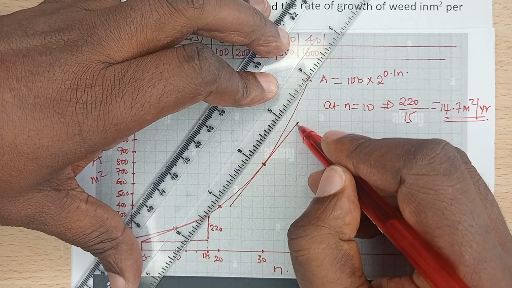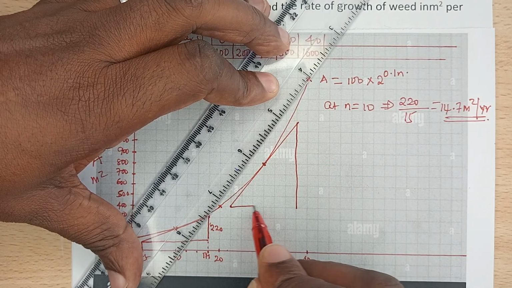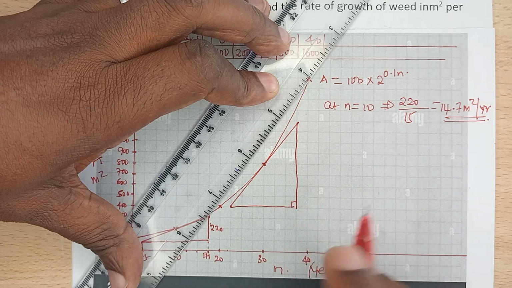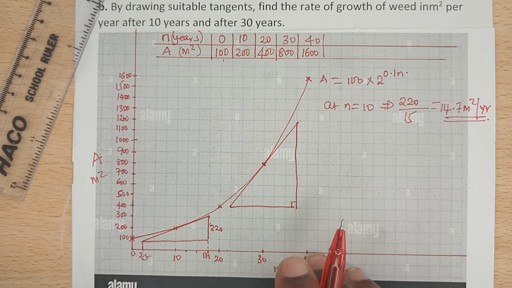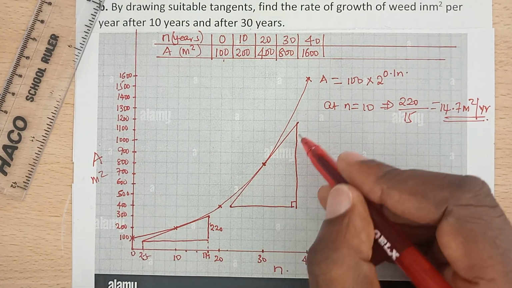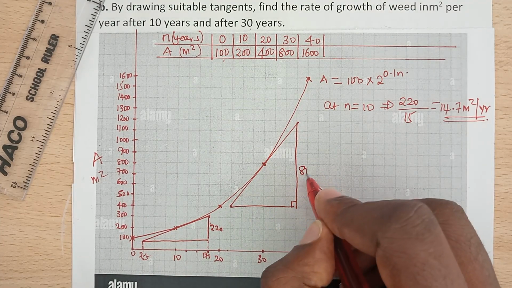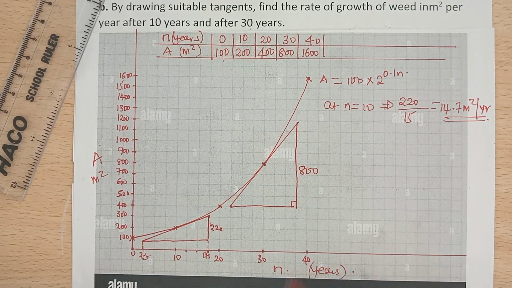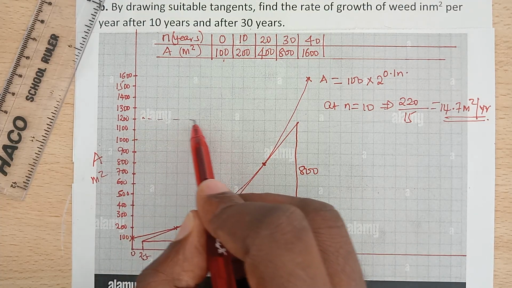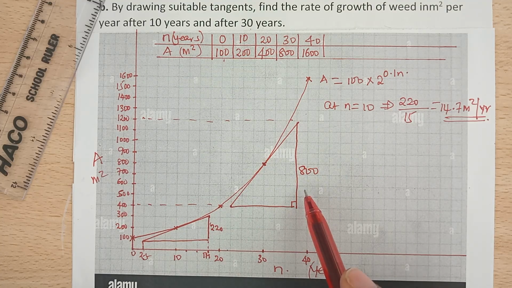And that way we can talk about the rise and the run. This is 90 degrees. This is 400 and this is 1200. 1200 minus 400, that is 800. That is the rise.